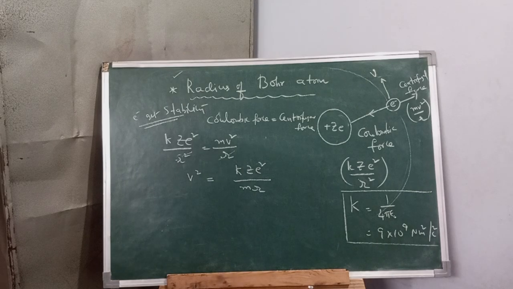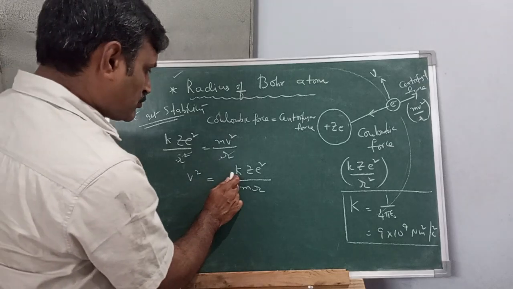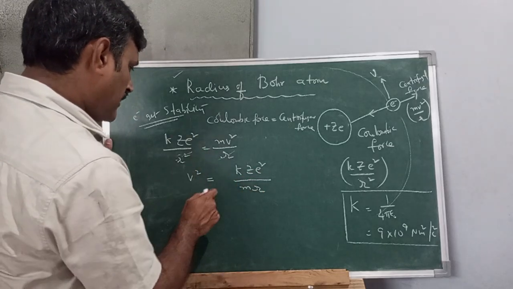Or else we can do it like this. From this you can find v square. V square is equal to K into Z E square by mr.